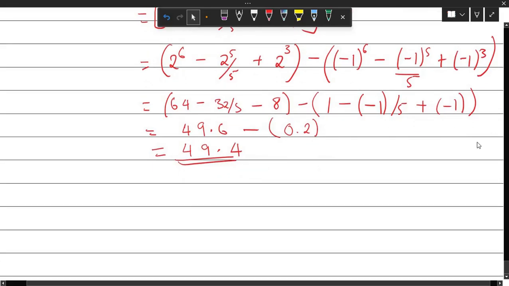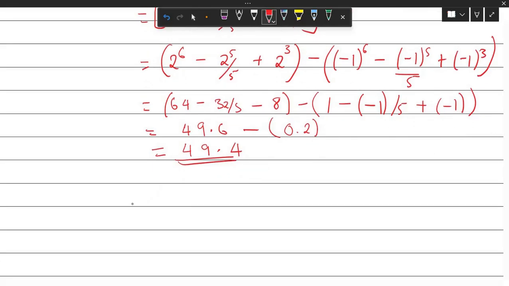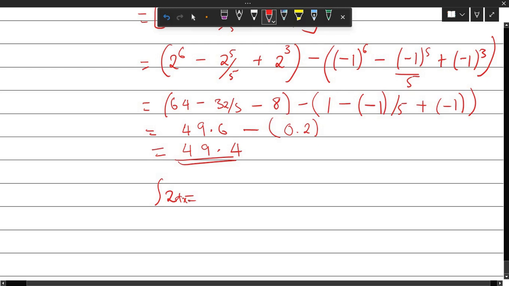So this is how you apply integration. Just to wrap it up, if you are integrating a constant, which is 2, for example, 2 dx, you get 2x.